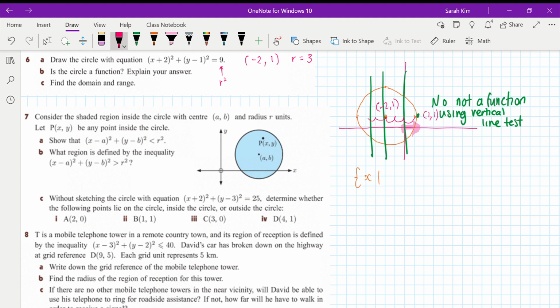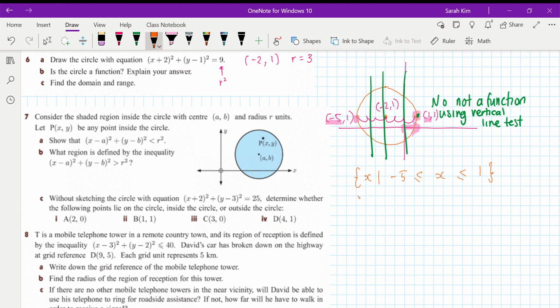If I go 3 this way, it's -3, so it'll be -5, 1. So that will help me find the domain, because I stop over here, and then I stop over here, inclusive, because it's part of the circle. So it'll be these numbers, -5 and 1, that are the outside. -5 less than or equal to x less than or equal to 1, and these are your signs.